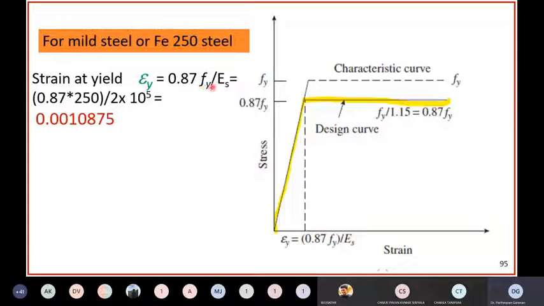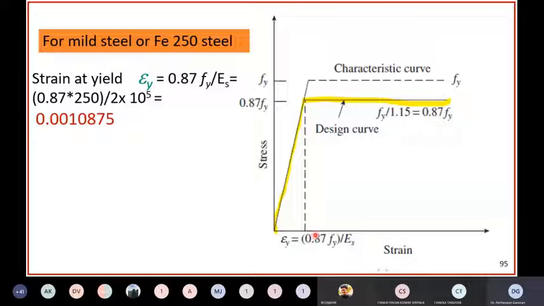0.87 Fy is the design strength of steel, based on 250 MPa, divided by Young's modulus of steel, 2 into 10 power 5 Newton per millimeter square. If you do that, you get 0.0010875, or you can take 0.00108. That is the strain at yield.